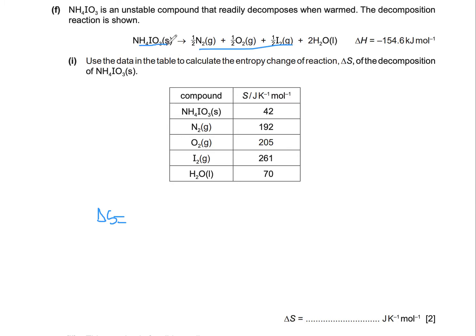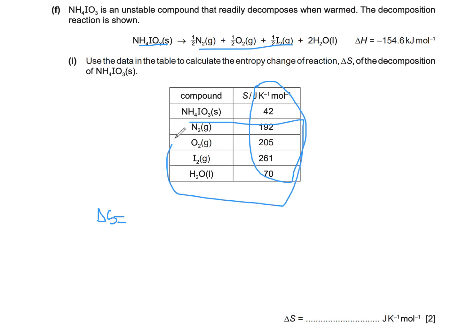The entropy of the products, minus the entropy of the reactants. Now all of the entropies are given over here. So we add nitrogen, oxygen, iodine, and H2O in the products.